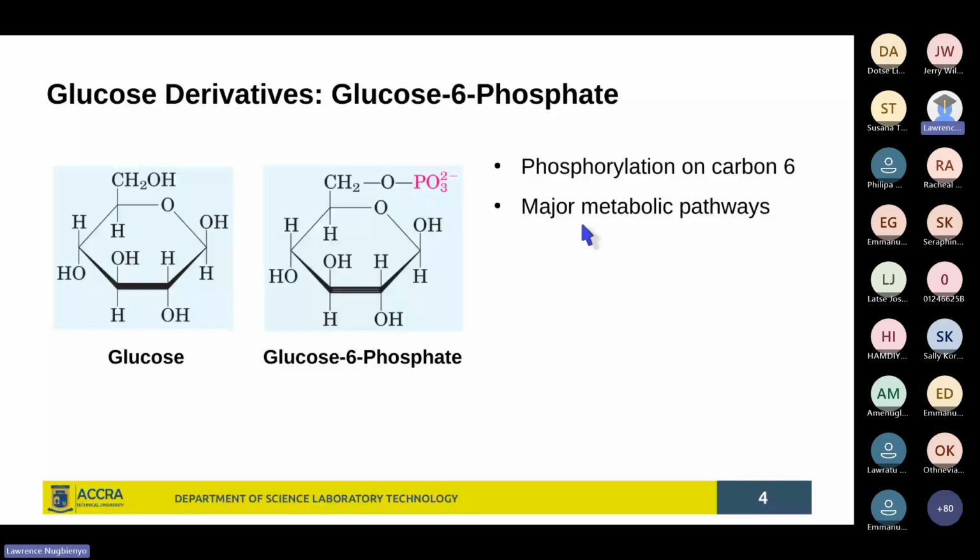Deoxygenation of such ribose 5-phosphate will now give you deoxyribose phosphate, which will then go into the synthesis of DNA. So the glucose 6-phosphate is something you come across all over. If you are looking at major metabolic pathways of carbohydrates, you surely come across glucose 6-phosphate.